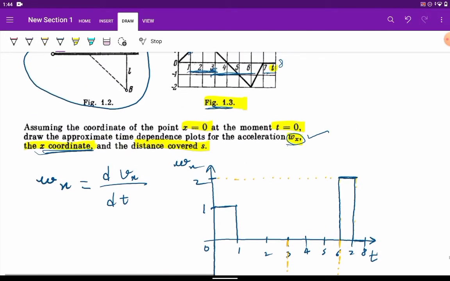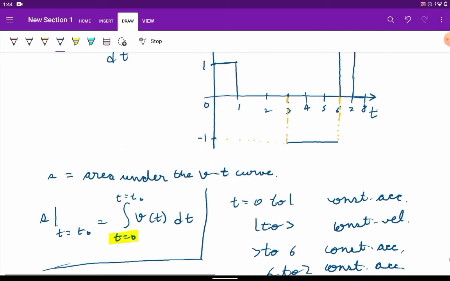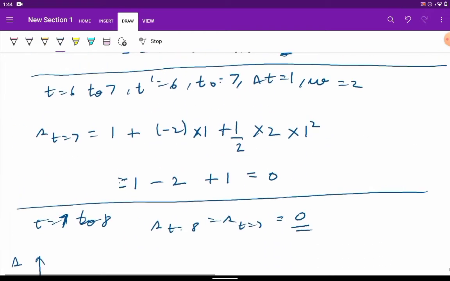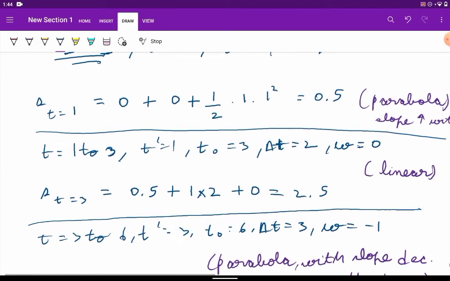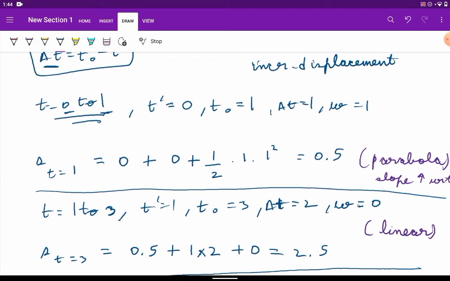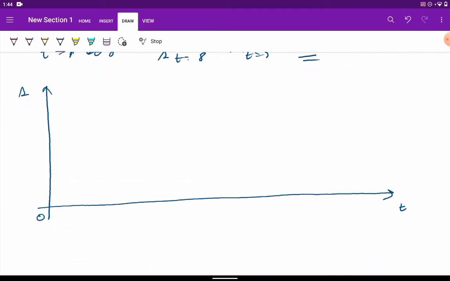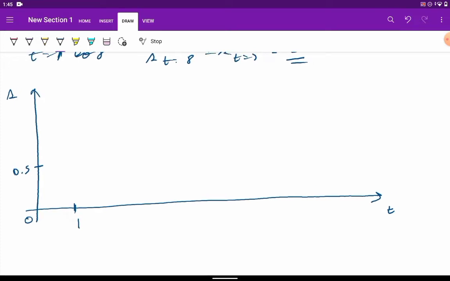So from 0 to 1, obviously it is an increasing parabola, as we said, and the end point, that is s at t equal to 1, is 0.5. Okay, so let's say this is 0.5, and let's say this is 1. So it starts off with zero slope, of course, goes up, goes up, goes up, and it's roughly a parabola.